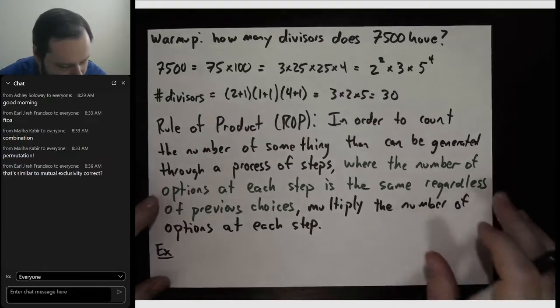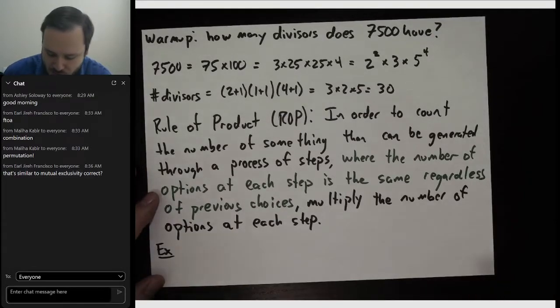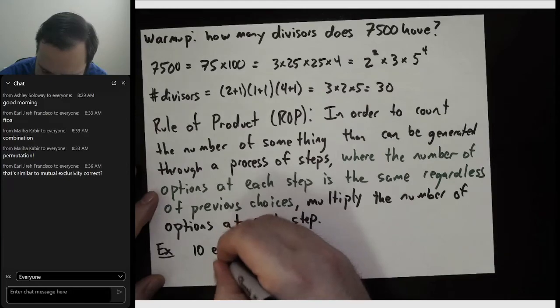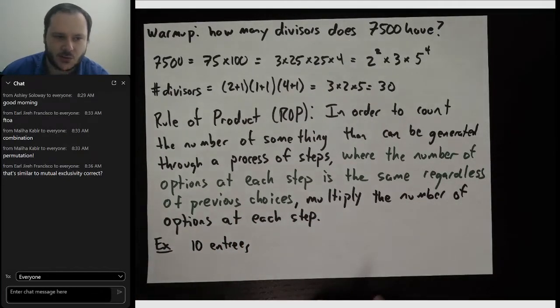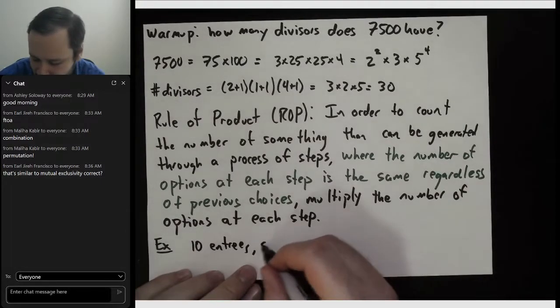Okay, so if you are at a restaurant and you look at the menu and there are 10 entrees, and you pick your favorite entree, but then your waiter says, "Oh, do you want soup or salad?"